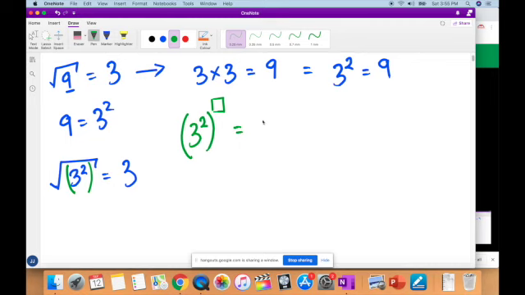And that gives me 3 to the power of 1. Didn't we see that when you have a number to a power, the whole thing in brackets to another power, what do you do with the powers? Yeah, multiply. So therefore, 2 multiplied by some number is supposed to end up giving me 1.